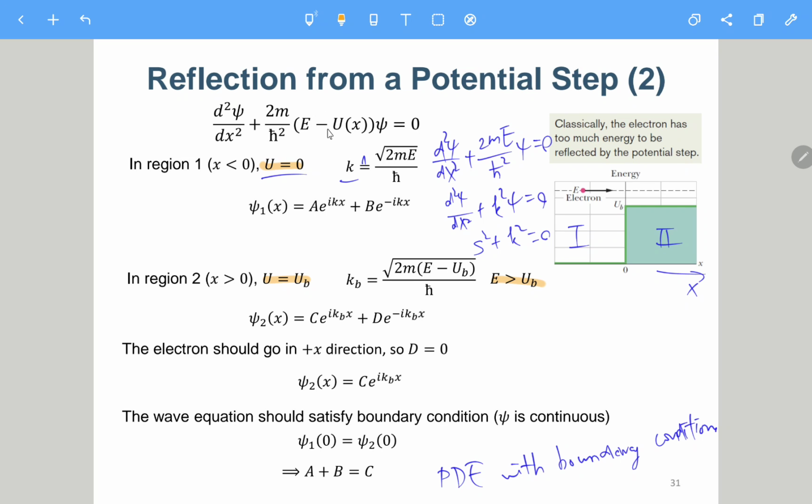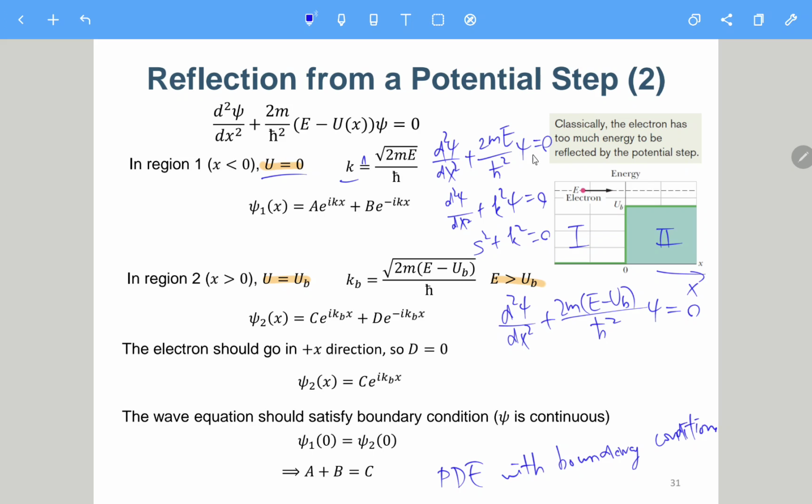So now that equation becomes d2 phi dx2 plus 2m times E minus ub all over h bar square times phi equals 0.